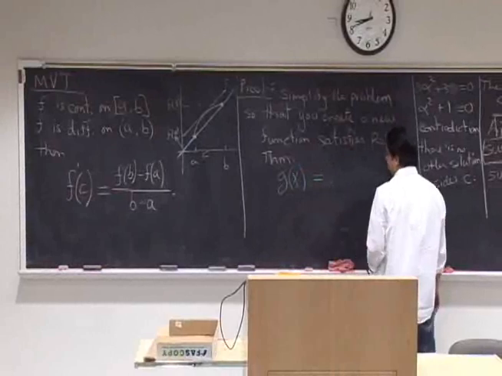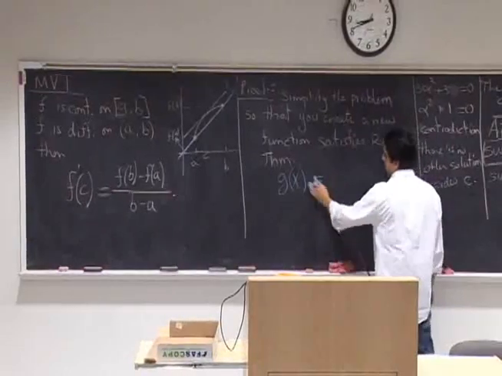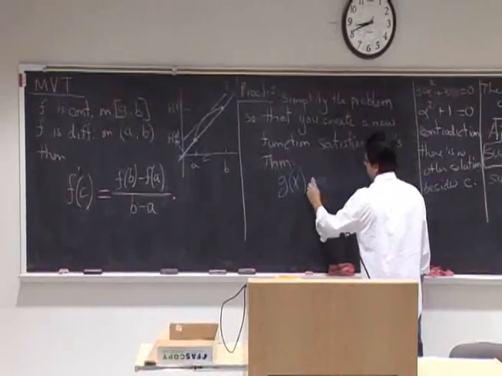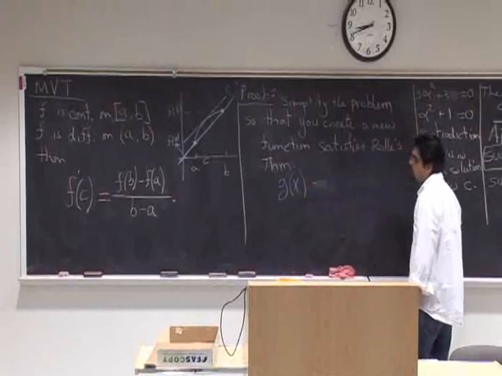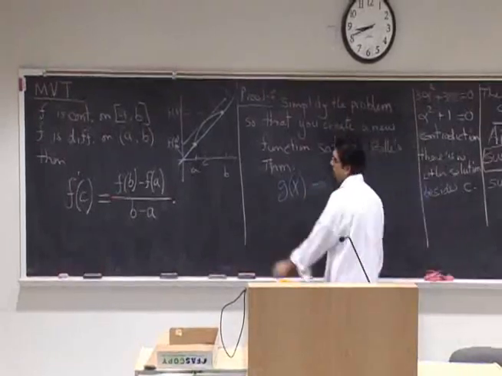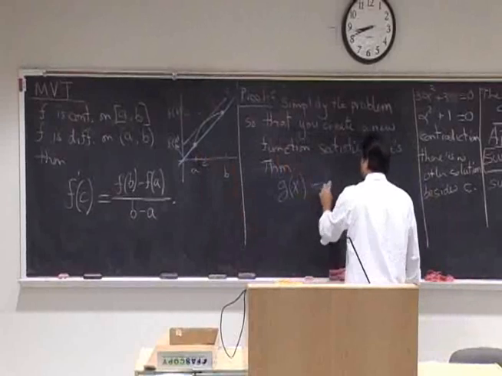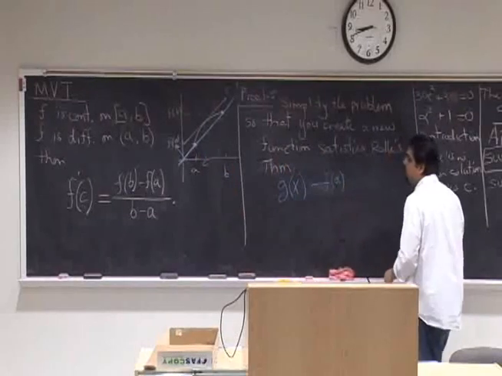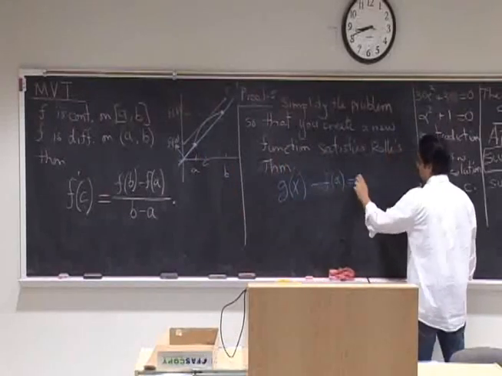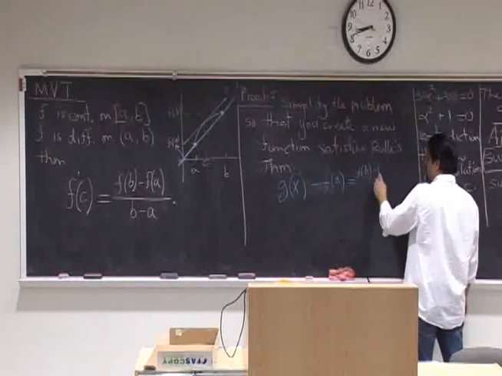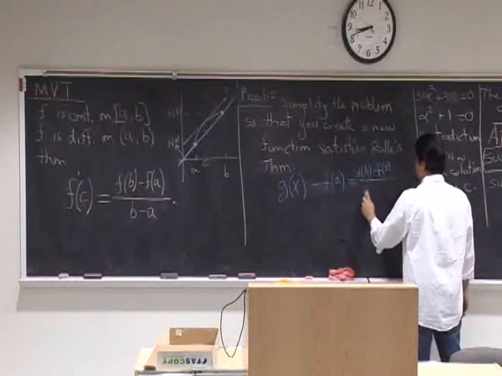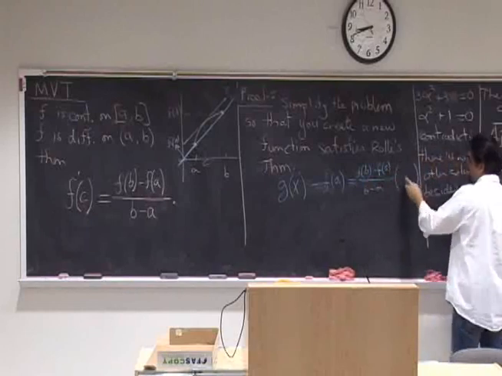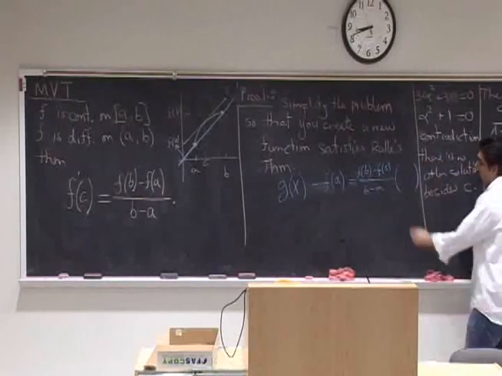So g of x minus the y value at this point, f of a, equals the slope, f of b minus f of a over b minus a, times x minus the x coordinate at that point.